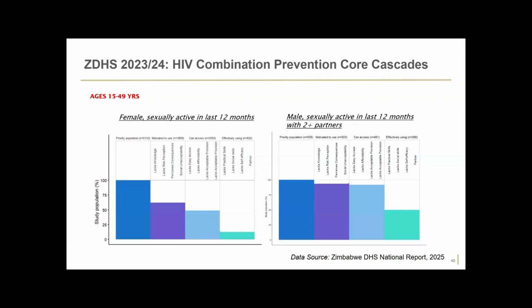But for females, maybe they are in a stable relationship. That's why at times they might not be using some of these HIV prevention methods, as you can see. So this is an extract from the Zimbabwe Demographic Health Survey to show that we've also managed to input this information for combination prevention cascades within this survey. Let's move on.